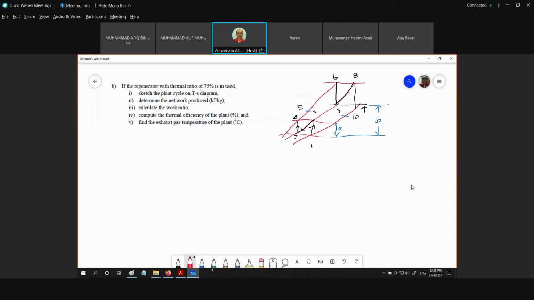This is the process of Q in, the process in the combustion chamber. This is the process in the regenerator. And then this is the process of rejecting heat in the heat exchanger. Put arrows for the direction of process. So this is our TS diagram.